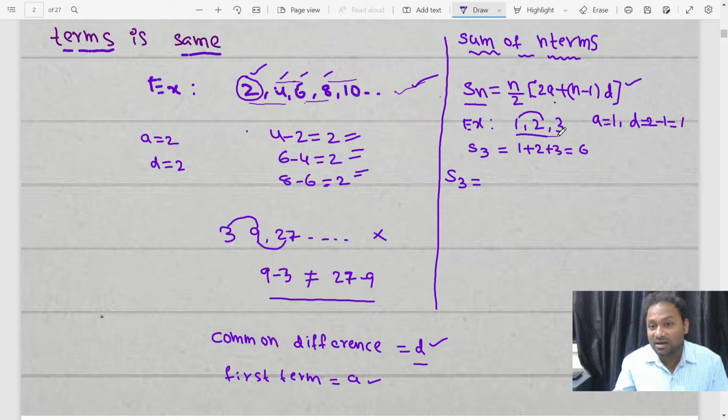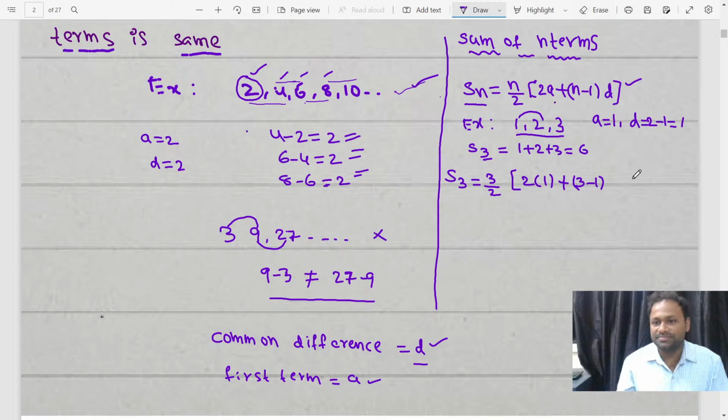How many terms are there? 3 terms. So 3 by 2 into 2a. 2 into a value, how much? 1. 2 into 1 plus n minus 1. n minus 1 means 3 minus 1, into d. D value is 1.